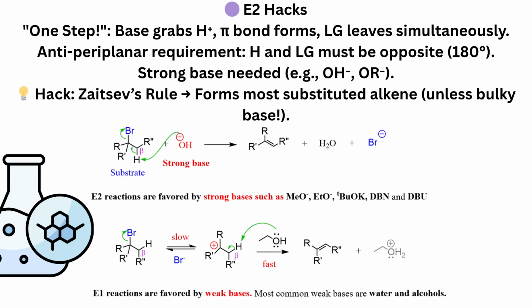The geometry should be anti-periplanar, which means that they must be in the same plane, usually at 180 degrees. The quick hack is, if weak bases are present, it would favor the more substituted alkene according to Zaitsev's rule.